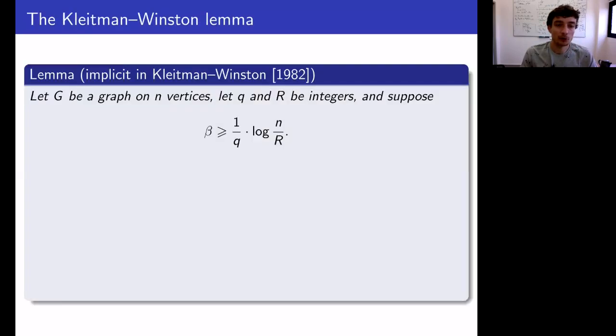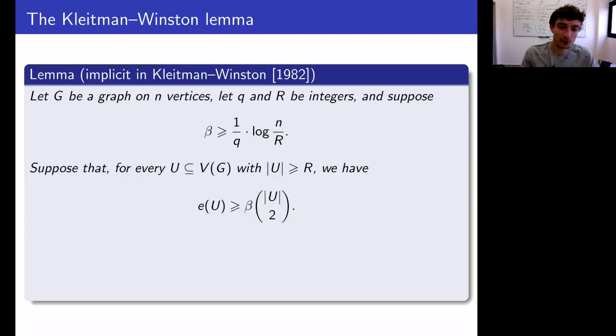Okay. Suppose we now reverse this density condition. It turns out that we can match the lower bound we obtained there from above. So to be more precise, let's assume that the density, which I denote by beta, will be at least 1 over q times a logarithm of n over r.